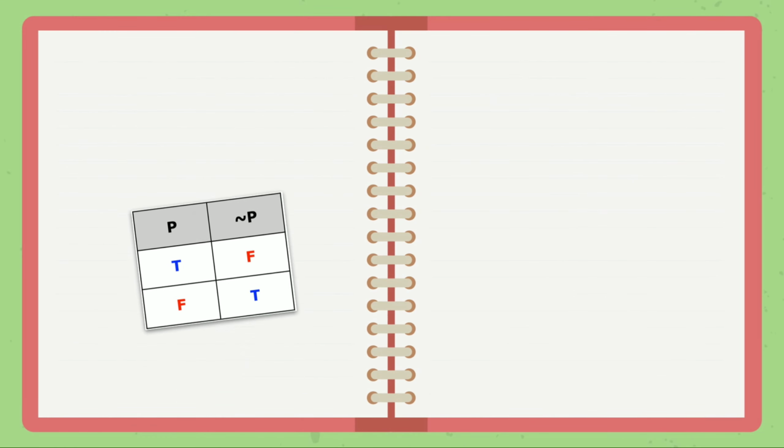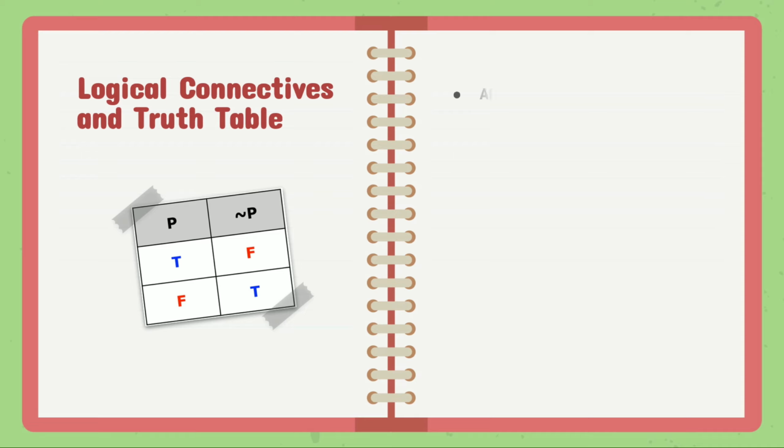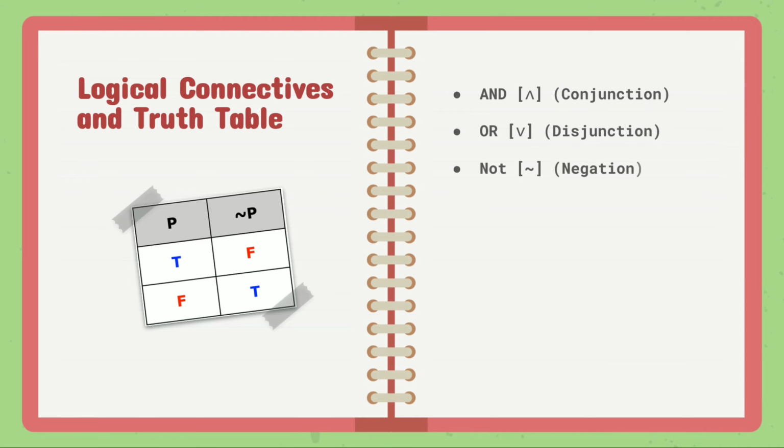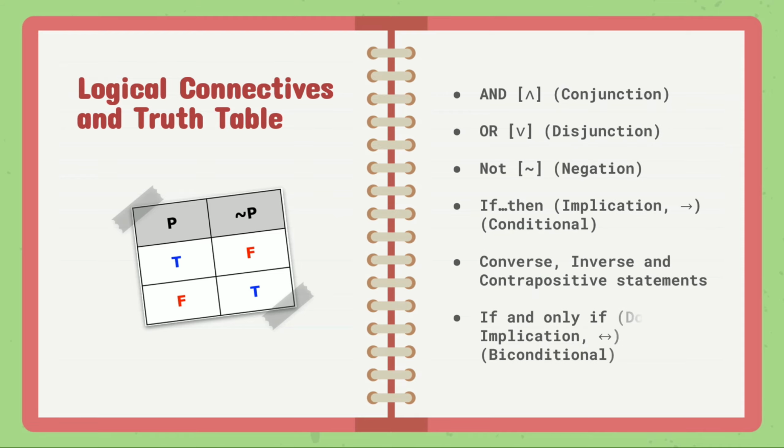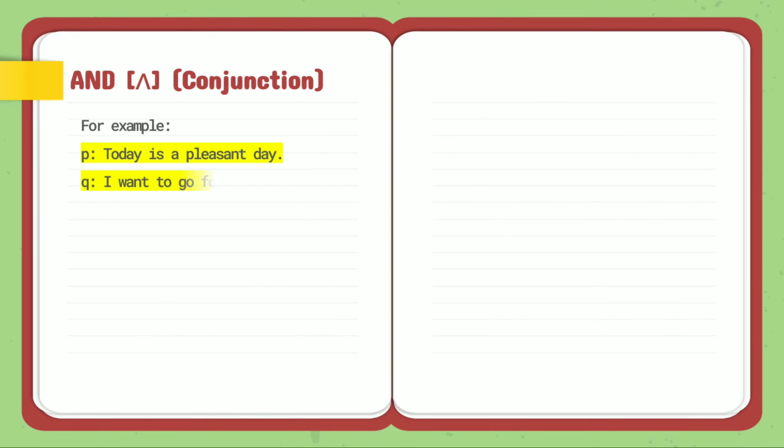And next I will explain about logical connectives and truth table. The first is conjunction. For example, we have two statements. P, today is a pleasant day. And Q, I want to go for shopping.